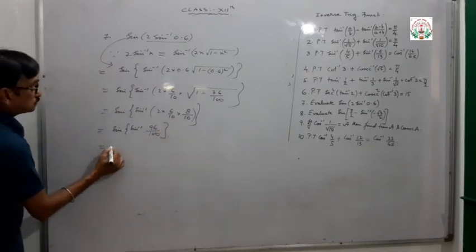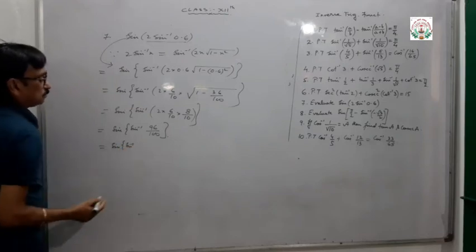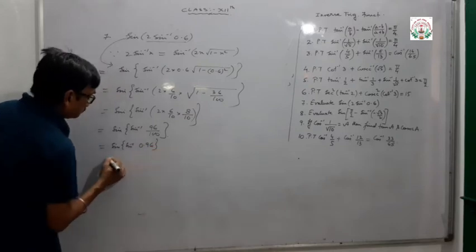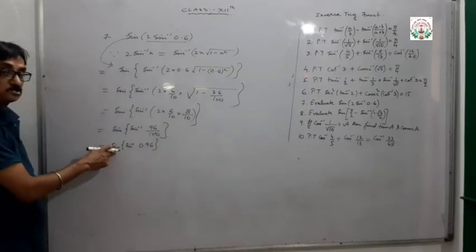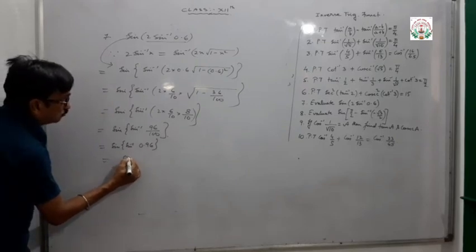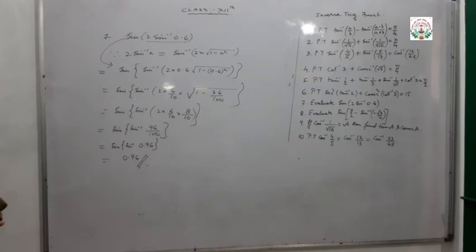So sine inverse of 0.96, which becomes by the self-adjusting property, sine inverse of x will be x, so it will become 0.96, our answer. So that is the evaluation.